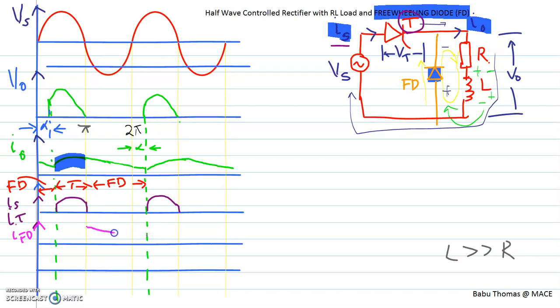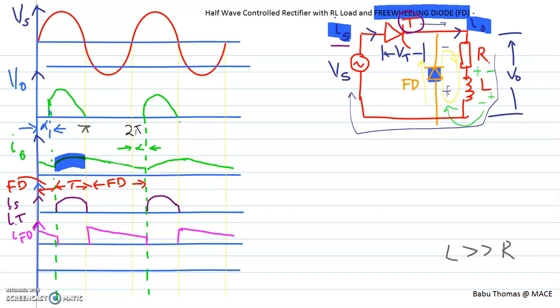So it is something like this. I can draw it during this particular period, and to the back side also we can plot like this, again from this particular point to this particular point. So this is for the freewheeling diode.